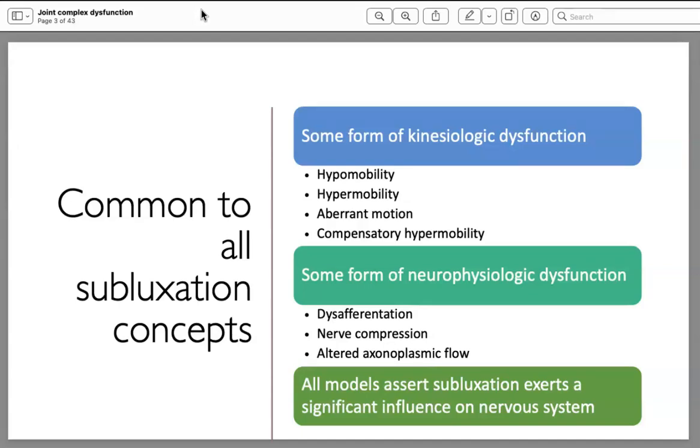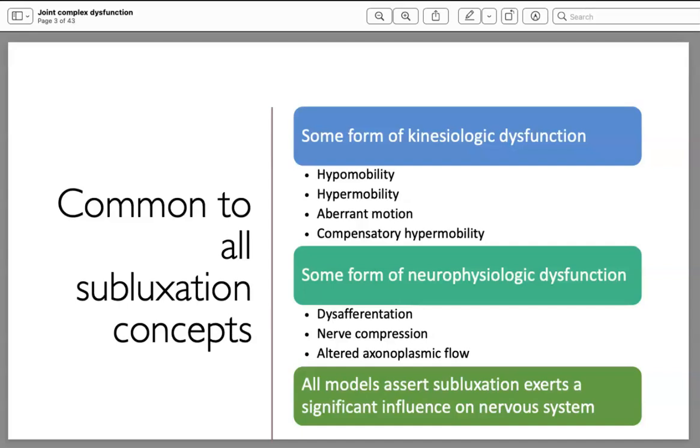We're talking about levels of hypo or hypermobility, change in motion, which is what we mean when we say aberrant. So some sort of alteration in motion, and levels of compensatory hypermobility and hypomobility as well. That can also be from a compensatory standpoint.